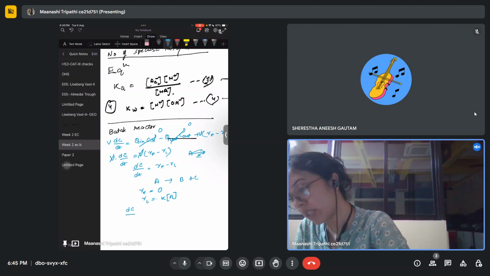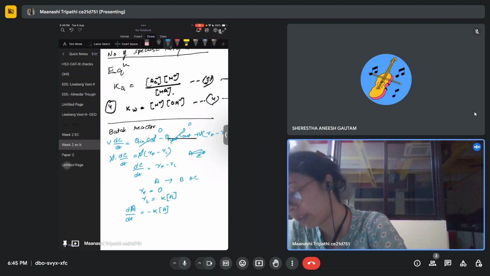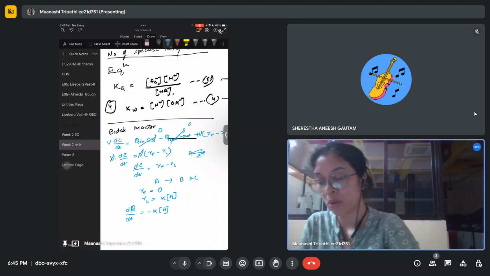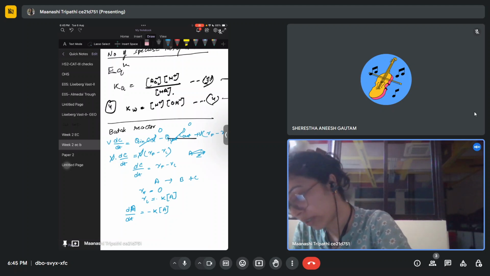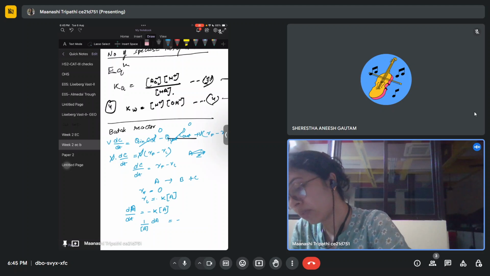So dC by dt is equal to minus K A. Now this concentration was in generic form, now we will write it as A because we are solving for A. So what will happen? It can be solved by integration: 1 by concentration A dA is equal to minus K dt.